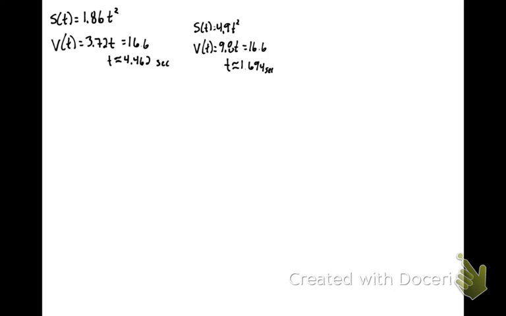Finally, for Jupiter, s of t is 11.44 t squared, and we're trying to figure out when the velocity will be 16.6. So we've got 22.88 t, and that will equal 16.6 when t equals 0.726 seconds.